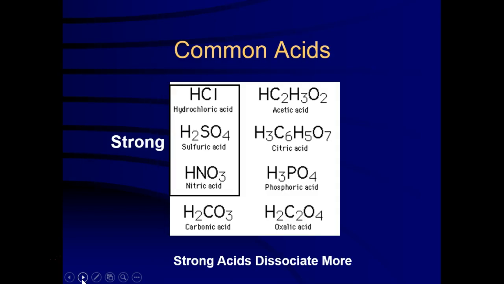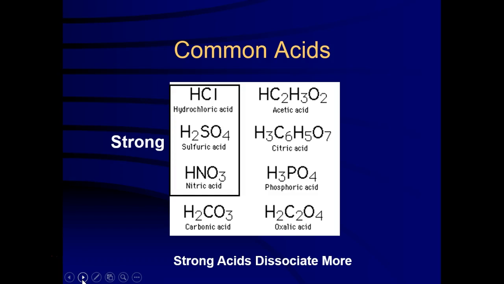Now, the acids that you probably know about are the strong acids. For example, if you look at the acid that's in your car battery, that is a great example of a strong acid. That's called sulfuric acid. There's another common acid that's called nitric acid. Those three are good examples of strong acids.